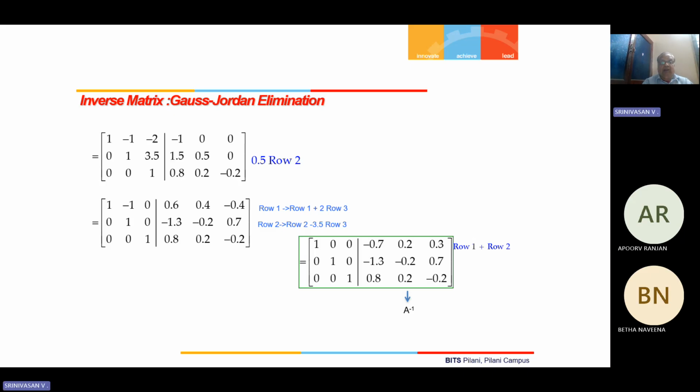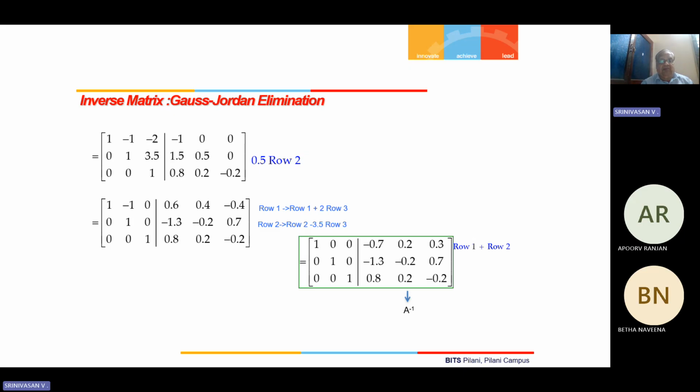Okay, now we go for operation because here we need to have 0. As here you have made 0 first, here you have to have 0 now. So R1 is R1 plus 2 times R3 because you had R2, R3 in terms of R1 in the first set. Now in the second set of operation, it is R1 and R2 in terms of R3. R3 is fixed, because it's already 0, 0, 1 fixed.